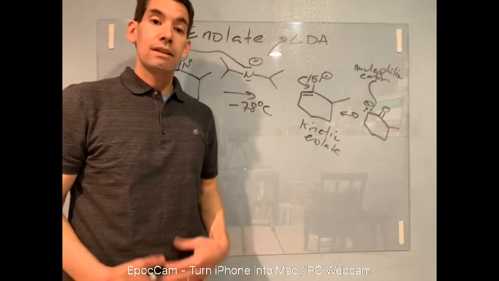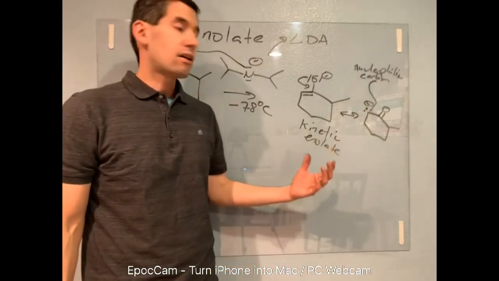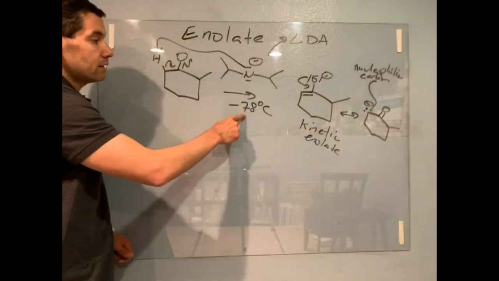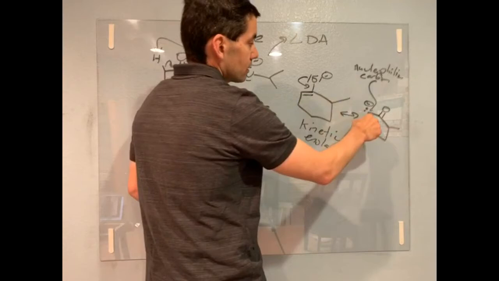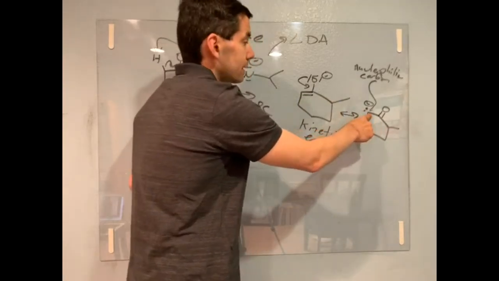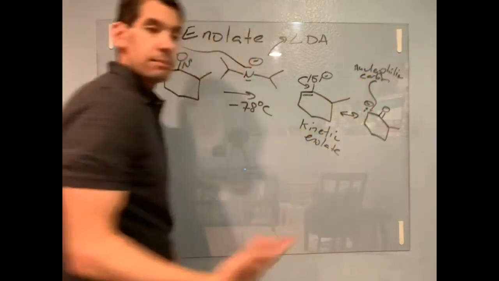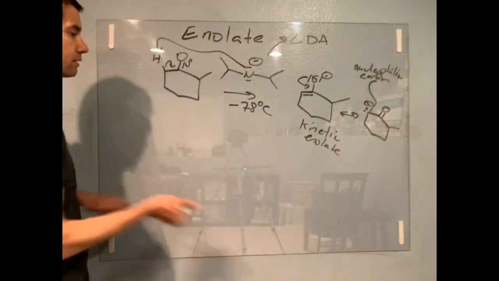We'll talk about that in the next video. Today, we just want to focus on generating our kinetic enolate and then our thermodynamic enolate. So we're going to use LDA at minus 78 to generate that least substituted enolate. This is going to be our nucleophile, the enolate that's going to attack our alkyl halides. So that's our kinetic one, and we do this at minus 78 degrees.